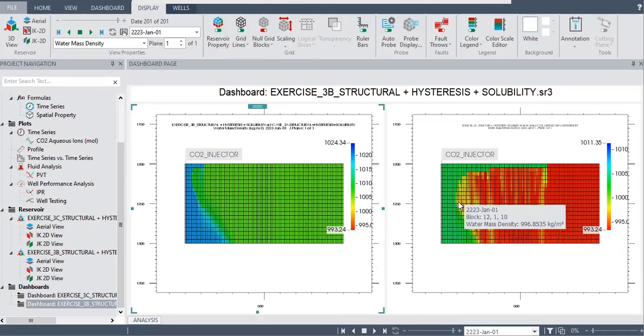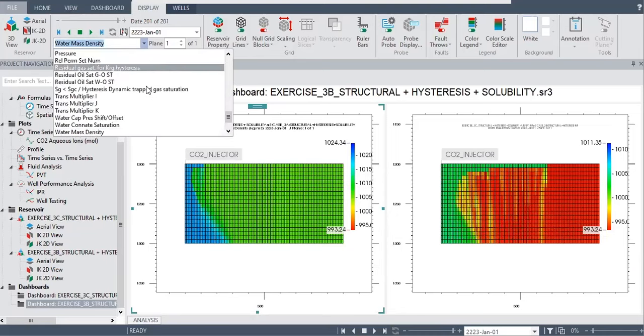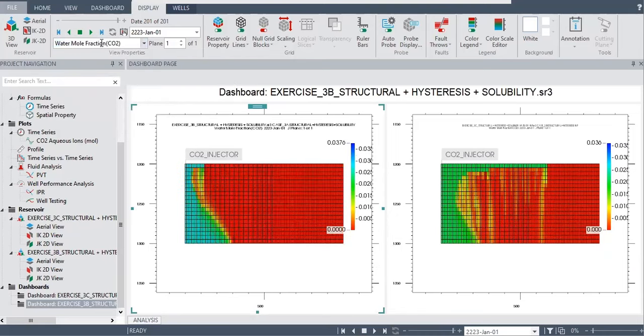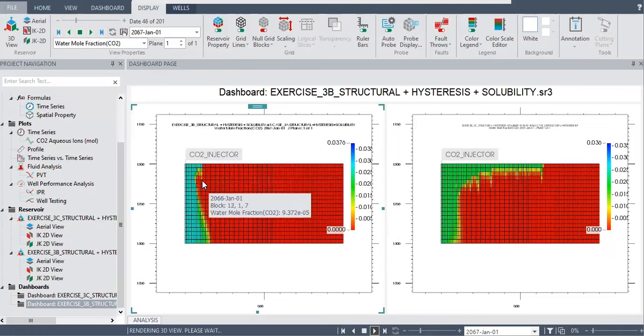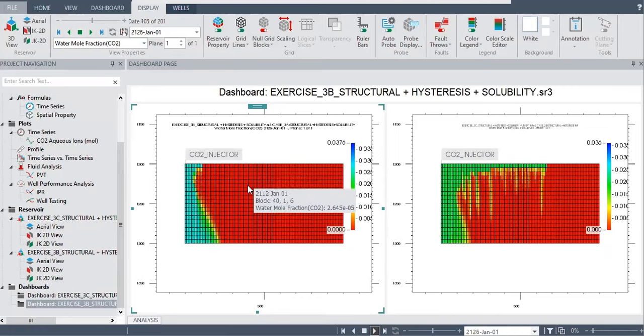Okay. It's very interesting. And lastly, water mole CO2. Actually, on this side, you also have convection here. But because the amount of CO2 is much less, it's not that clear whether we have convection or not from the pattern here, from the visualization here.